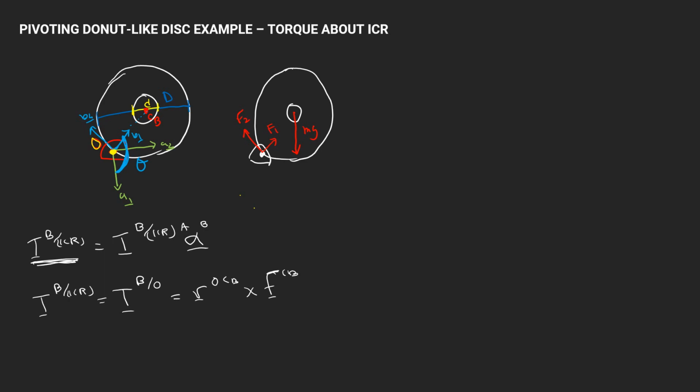And so this position vector here, r_O to CB, is equal to d over 2 in the B1 direction, right? That gets us to the center of mass. And then the only force that's acting upon the center of mass of our body is mg, the gravitational force. So we cross that with mg, and that's operating in the A1 direction.